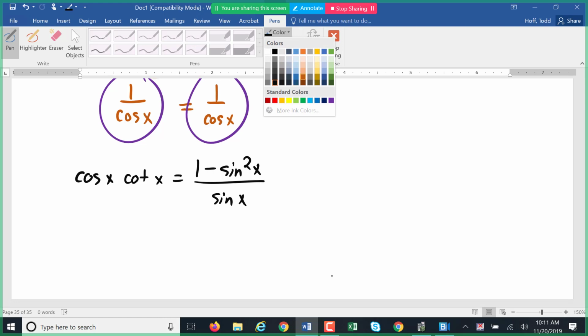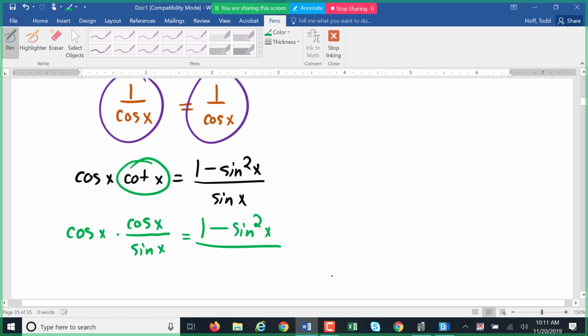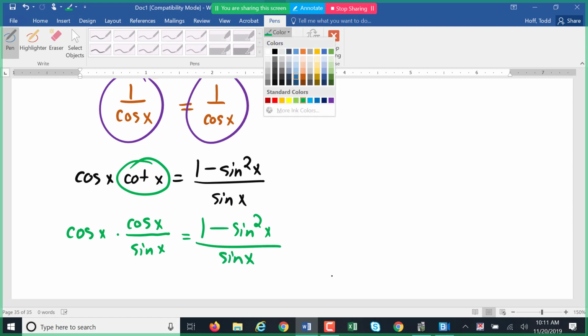So my first step here is going to be to replace everything with sines and cosines. Well, the only thing here that's not a sine or a cosine already is that cotangent. So the cosine x is going to stay the same. Cotangent is cosine x over sine x. So that's all I'm going to change for now.